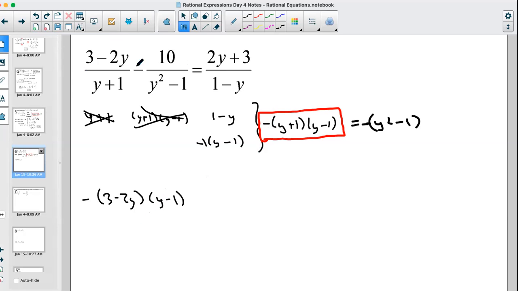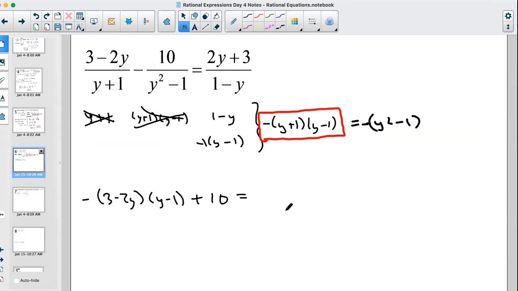Okay. If I look at this guy, it's a minus, and then I get this y squared minus 1 on the bottom, which is exactly what y plus 1 times y minus 1 is. So all of these terms cancel out with the y squared minus 1. The negative has to stay though. So this is really 10 times negative 1, which is negative 10. So I'm going to write that as plus 10. It was minus negative 10, which becomes plus 10.